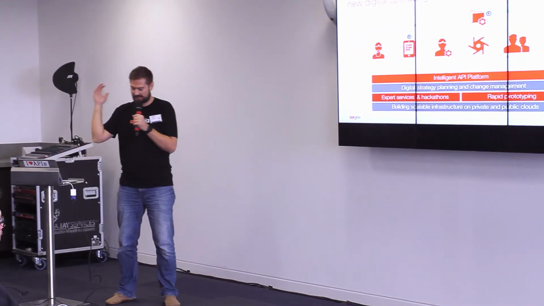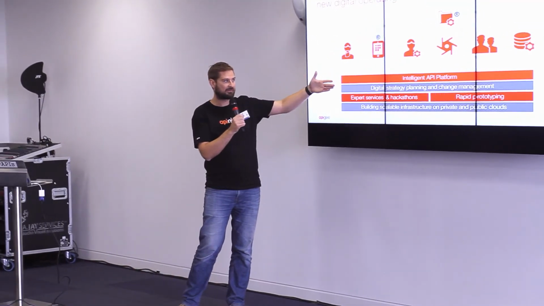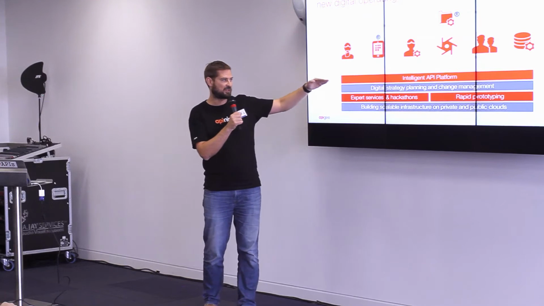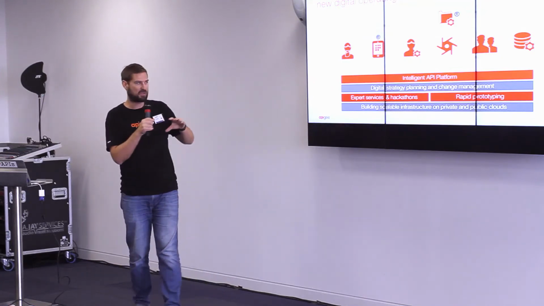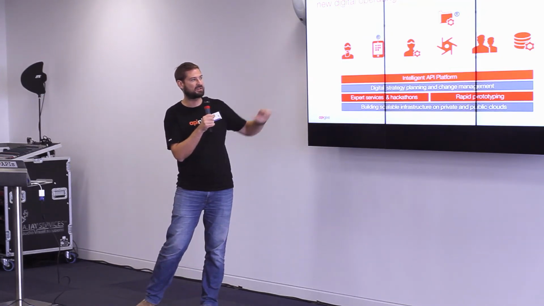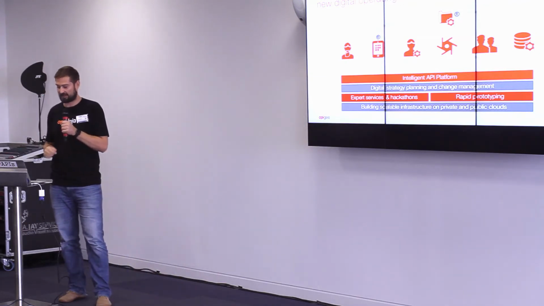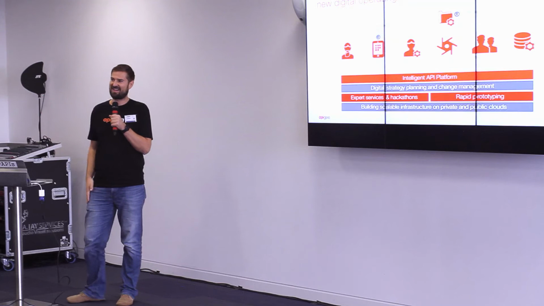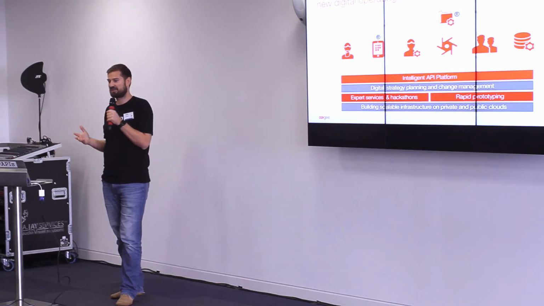And we have a whole bunch of ideas and strategies that we overlay on top of it. Obviously, we care about the API platform, but there's a bunch of different strategies, rapid prototyping, minimum viable product. The whole way that you harness and build on top of this digital value chain is really interesting and quite exciting, actually. And this is why I enjoy working at Apigee, because of the kind of conversations we have with customers.